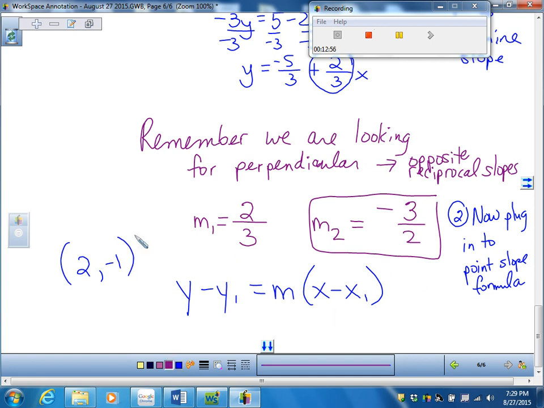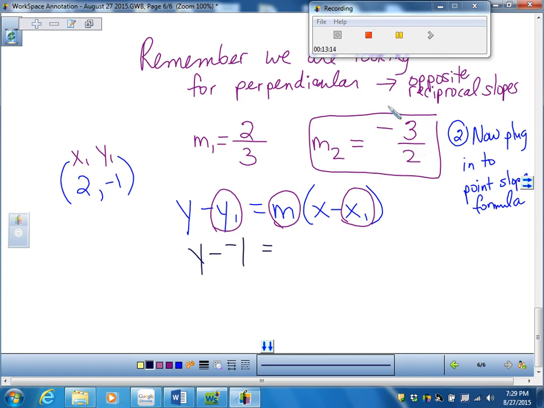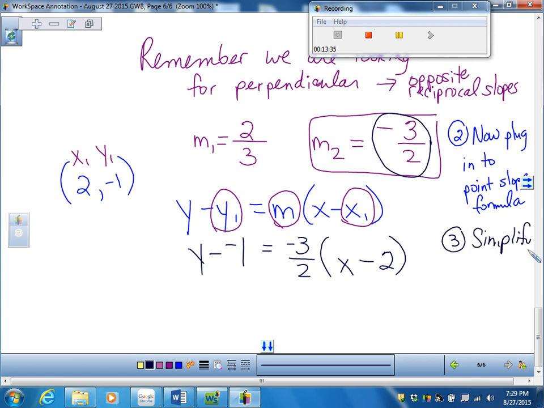We're going to label it and plug in. So x1, y1, plugging in the same places we were plugging in before. So we got y minus y1 is negative 1 equals m, that's our negative 3/2 now, this is what we're plugging in, times x minus x1, which is 2. And the last thing we need to do is simplify and solve for y.